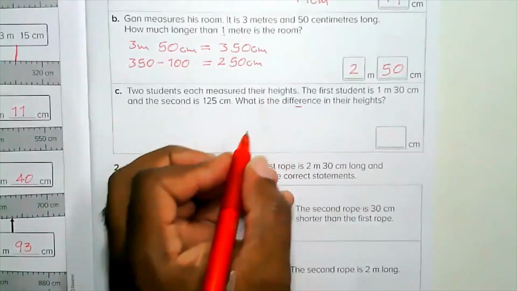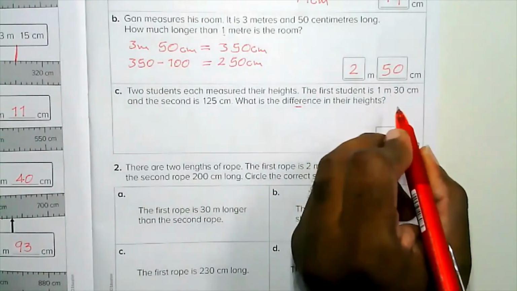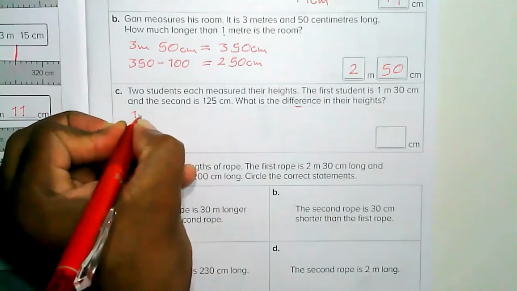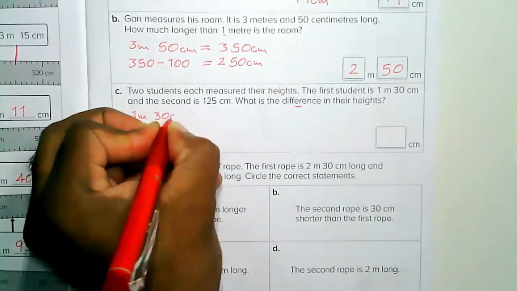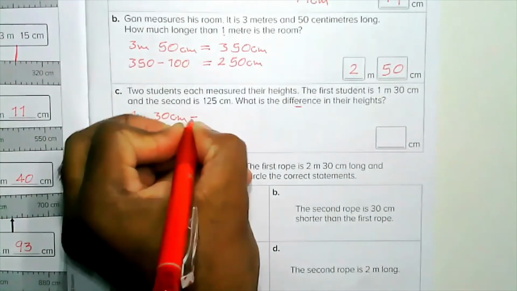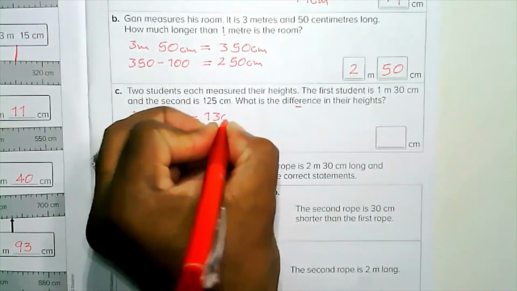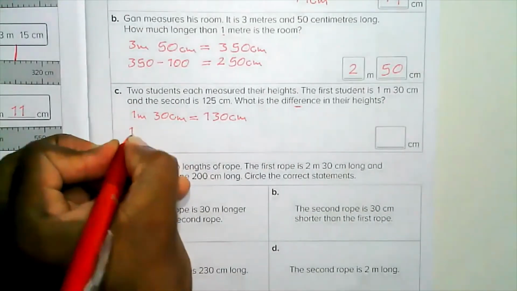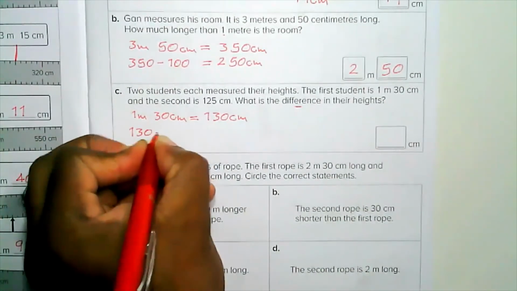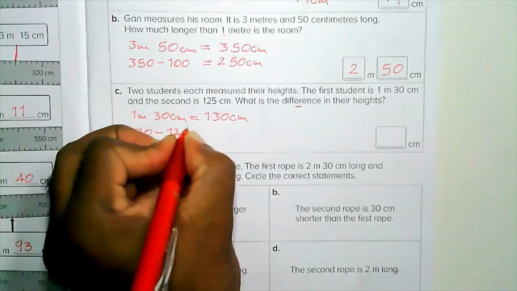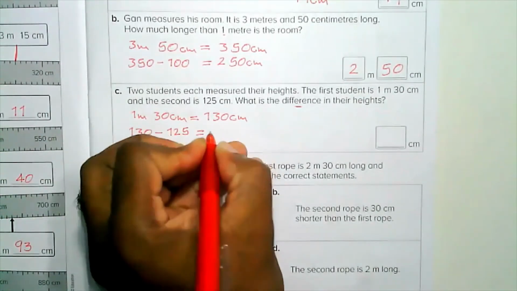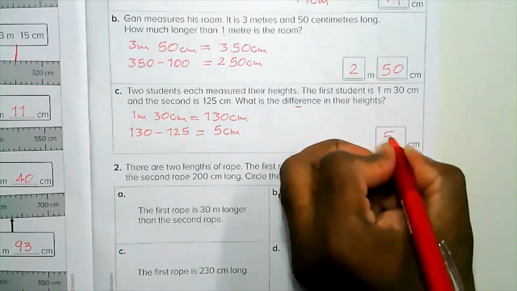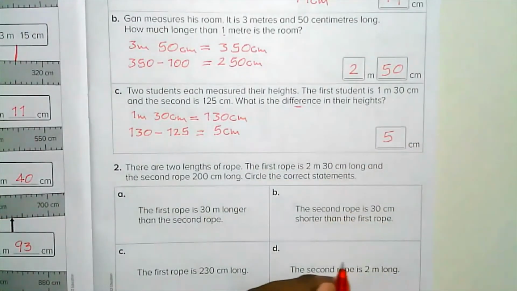So we're going to convert this into centimeters, 1 meter, 30 centimeters equals 130 centimeters. So let's find the difference. 130 minus 125, which is 5 centimeters. So the answer is 5 centimeters.